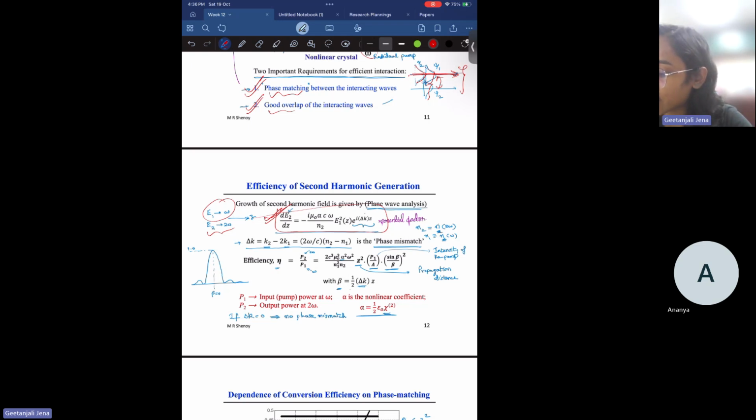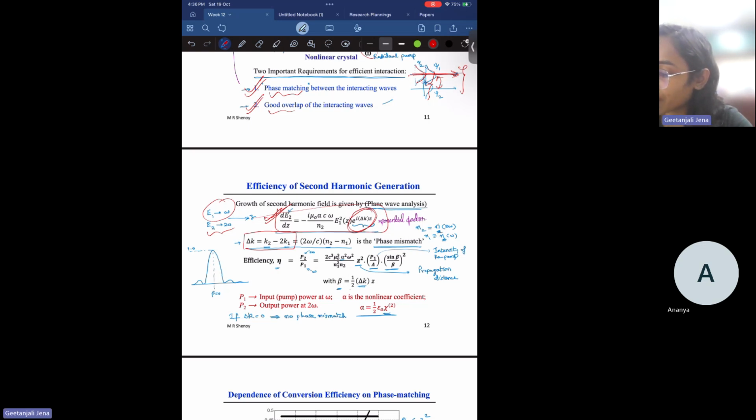You can see there is an exponential term, e to the power i delta k z. Delta k means k2 minus 2k1, that is the difference between the phase velocity of the original frequency and the second harmonic frequency.